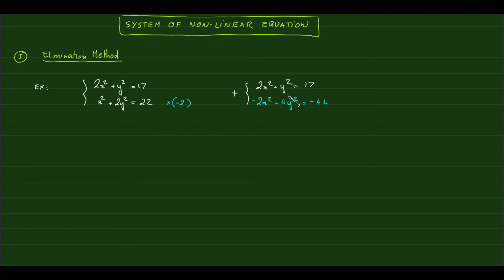When you add them up, you have negative 3y squared equals -27. Now to get y, you divide both sides by -3, which gives you y squared equals 9. Then you take the square root, and remember when you take the square root, you get plus or minus 3.